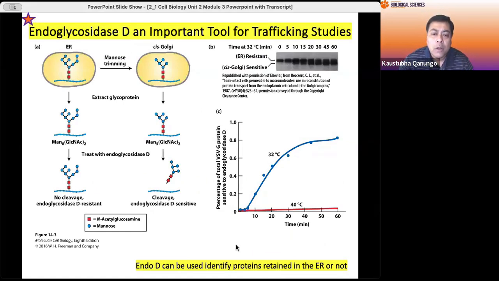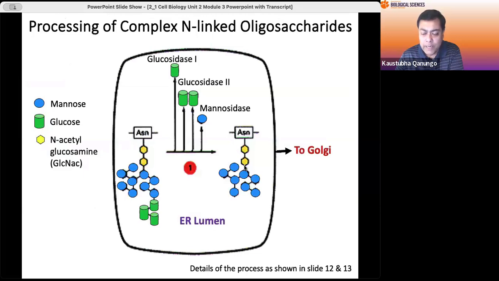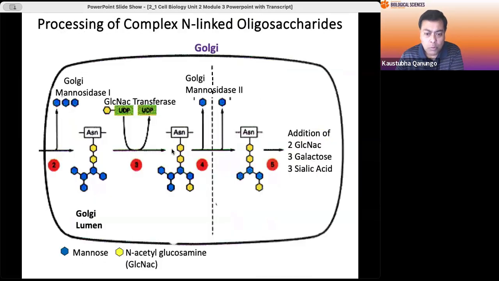What question can ENDO-D ask? ENDO-D is an endoglycosidase which can distinguish whether the protein is in the ER or in the Golgi. Remember that in the ER, the protein has 2 N-acetylglucosamine and 8 mannose. As soon as it goes to the Golgi, 3 mannoses are removed and you have 5 mannose.